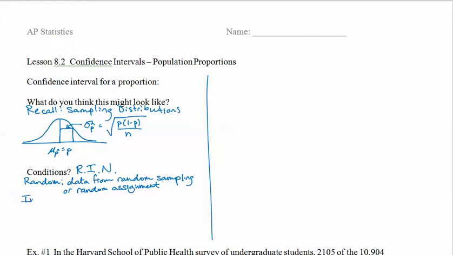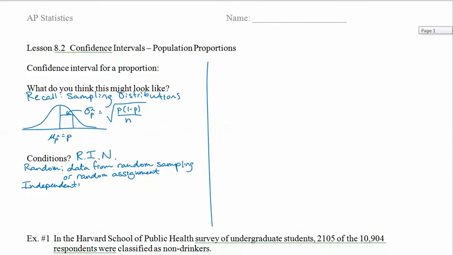We need to make sure that things are independent. And remember, this is especially important for calculating our standard deviation.